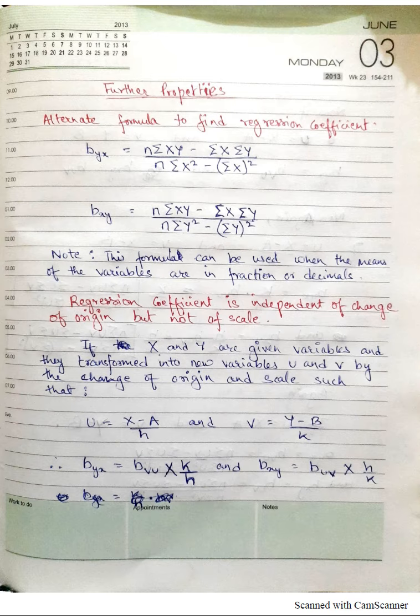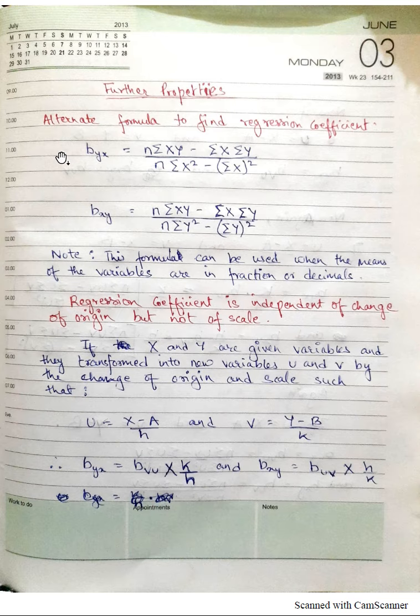But if the mean of x and mean of y are not whole numbers or integers, that is, if they are in the form of fractions or decimals, you won't be able to use that formula. So in that case, what do you do? You use an alternate formula to find the coefficient of regression.